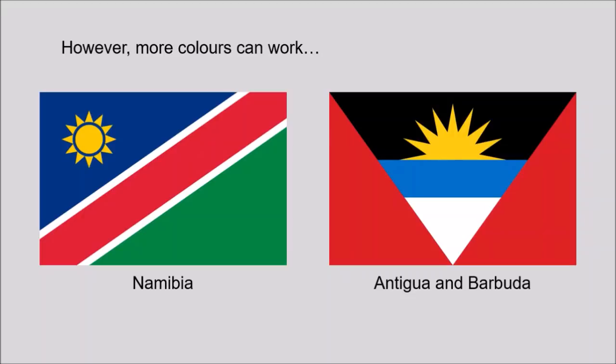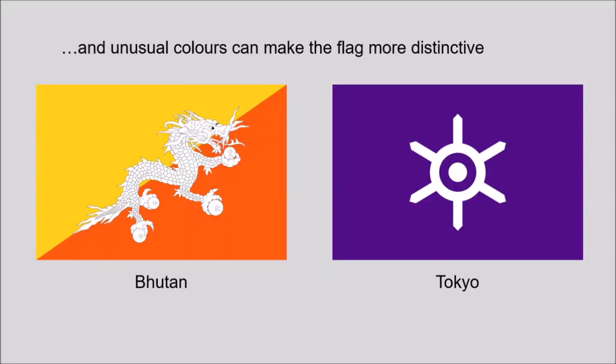The flag of Namibia, the flag of Antigua and Barbuda both have 5 colours. But I think you'll agree they're actually quite simple designs, and they're both very striking designs as well. And as for the basic colours, using more unusual colours can help make the flag more distinctive. The problem with using more unusual colours is getting the fabric.